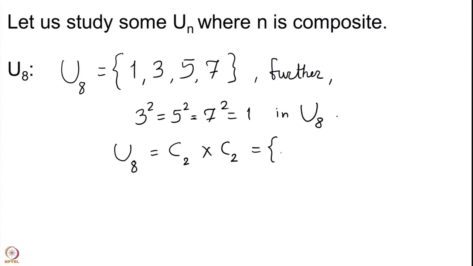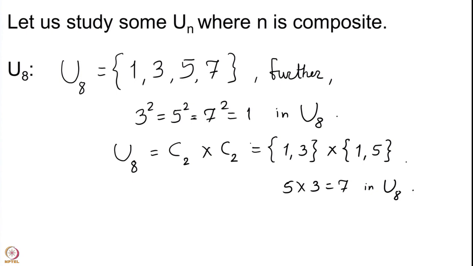You actually have one C_2 which is {1, 3}, this is a subgroup, and another C_2 which is {1, 5}, and note that 5 into 3 is equal to 7 in U_8.